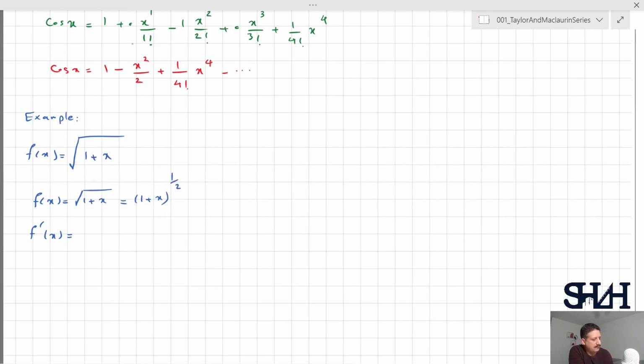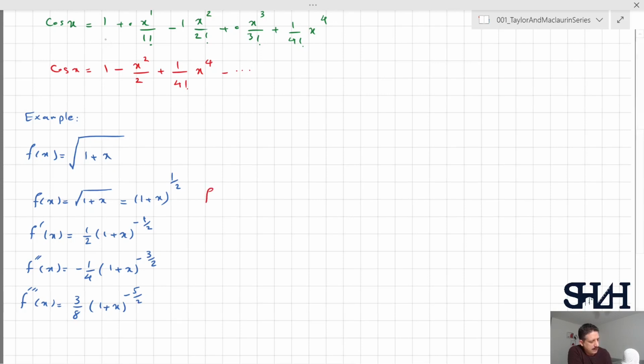So f'(x) will be 1 over 2, (1 plus x) to the power of minus 1 over 2. f''(x) will be minus 1 over 4, (1 plus x) to the power of minus 3 over 2. And then the third one will be 3 over 8, (1 plus x) to the power of minus 5 over 2.